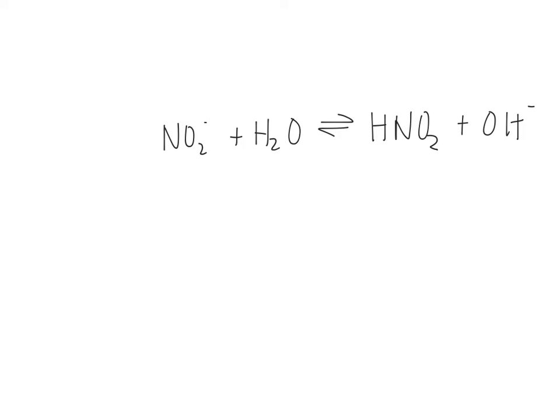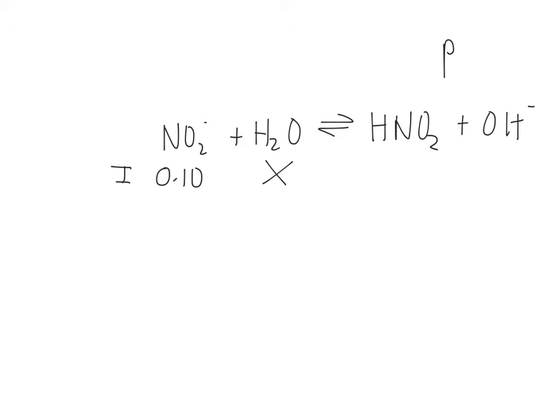Okay, so I've got my NO2⁻ interacting with water, taking a proton from the water, releasing hydroxide from the water. This concentration was 0.10 moles per liter. Okay, so that's your initial concentration.